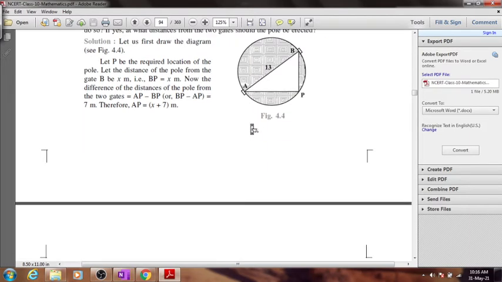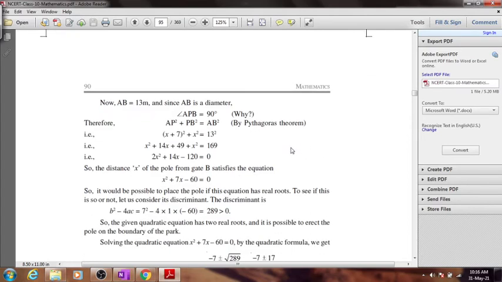Yes. So when angle APB is 90 degrees, the Pythagoras theorem will apply. X plus 7 whole square plus X square is equal to 13 square, and when you expand this you will get this equation. The moment you divide it by 2, either if you don't divide it by 2 it will be okay, but I will suggest you divide it by 2 so that the equation solving becomes easier.